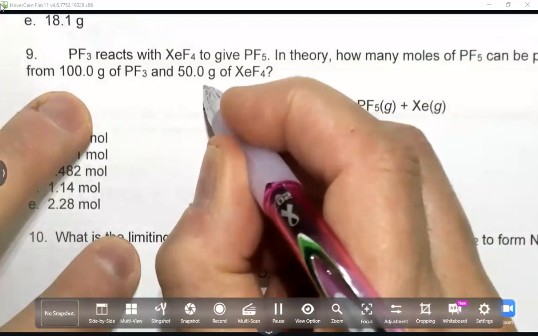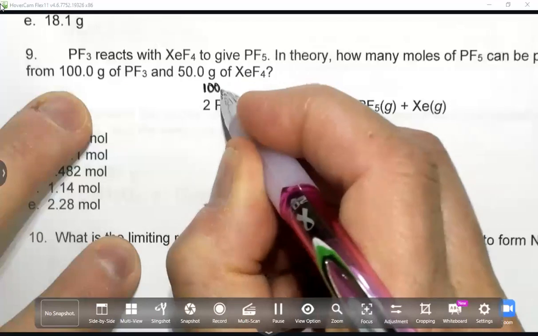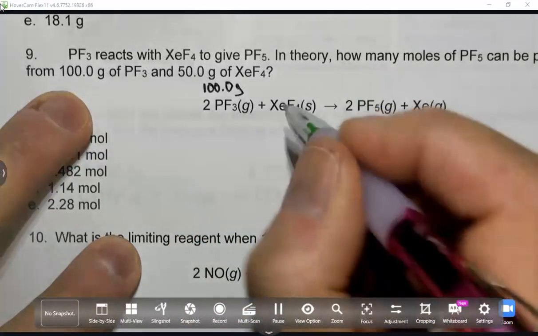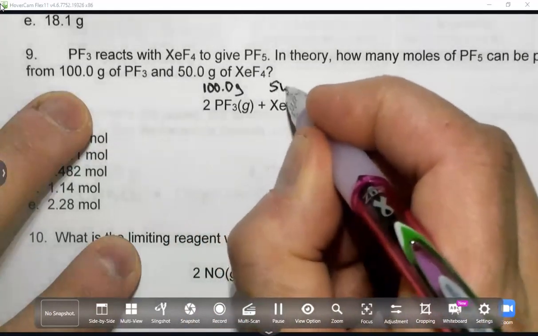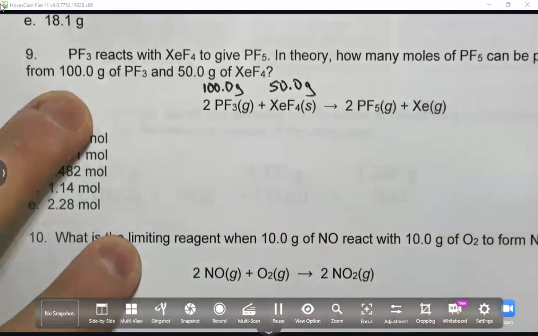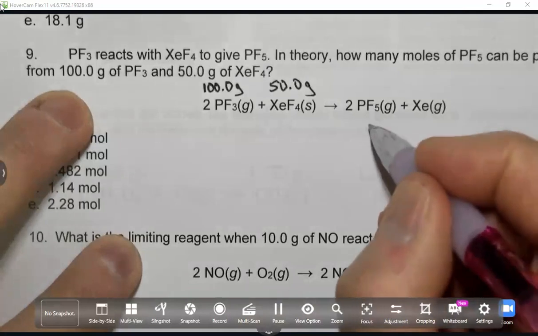So we've got 100 grams here. And we've got 50 grams here. We just want to know how many moles here. Typically it's grams. Wants to know how many moles.